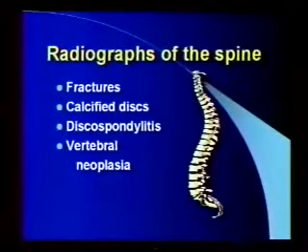Because where they hurt is usually where the lesion is about 99% of the time. So what we can see on plain radiographs are fractures, calcified discs, infection of the disc in the end plates, the discospondylitis, that is, and some type of vertebral neoplasia, something that's eating away the bone or is causing proliferation of the bone.